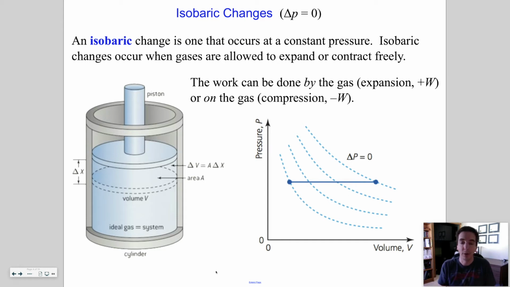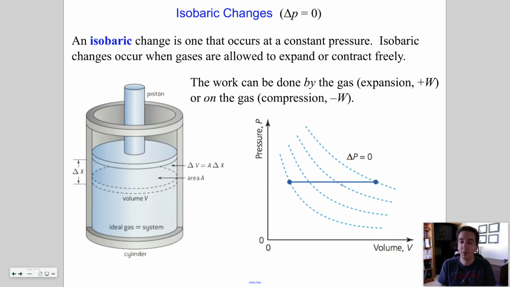If you're talking about a PV diagram, in going from point A to point B, notice what happens. We're moving from one temperature to another, because we're going from one isotherm to another isotherm. And the volume is shown to be increasing.